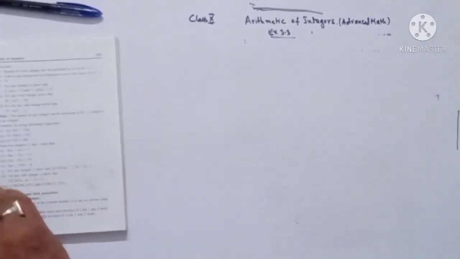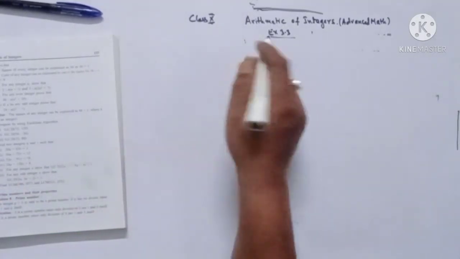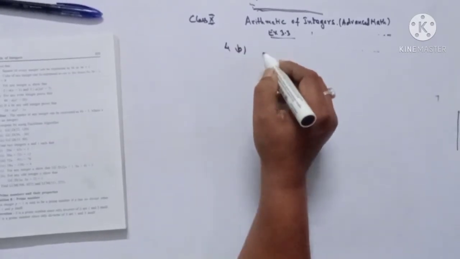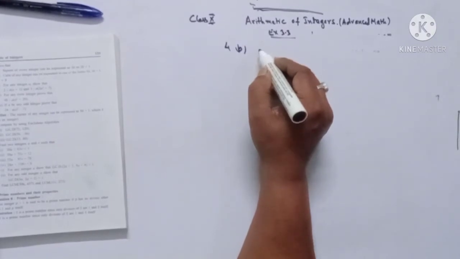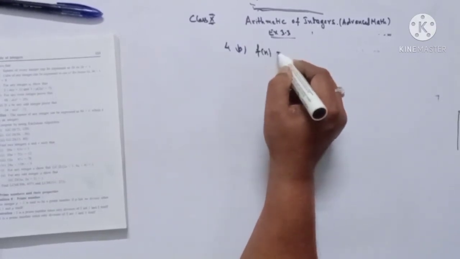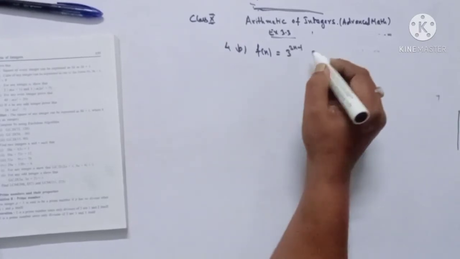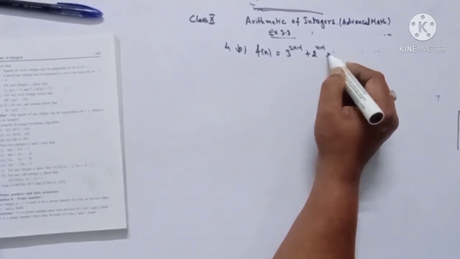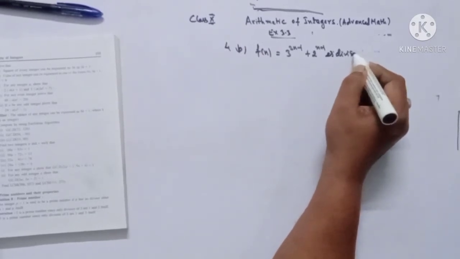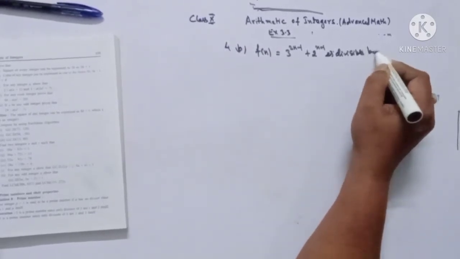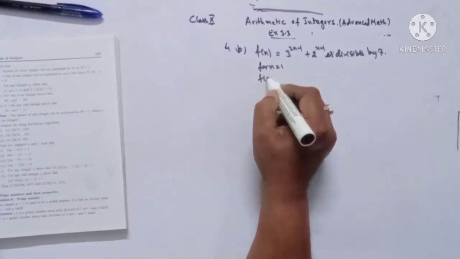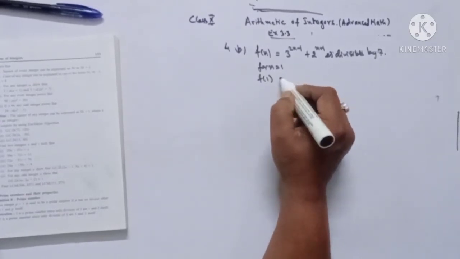So 4b: fn is equal to 3 to the power of 2n minus 1 plus 2 to the power of n plus 1 is divisible by 7. So here again for n is equal to 1, we have to check it because this is the procedure of the mathematical induction process.